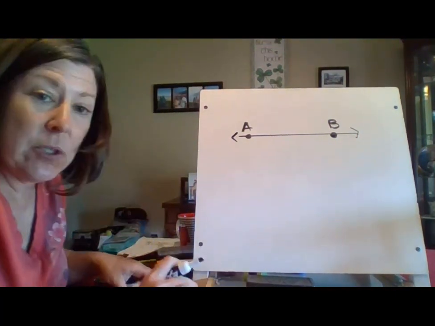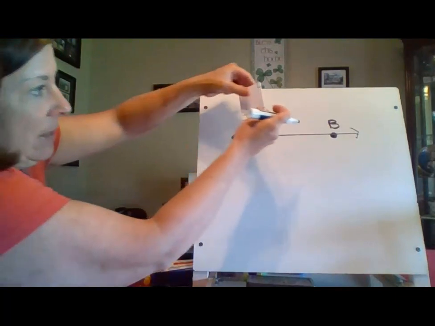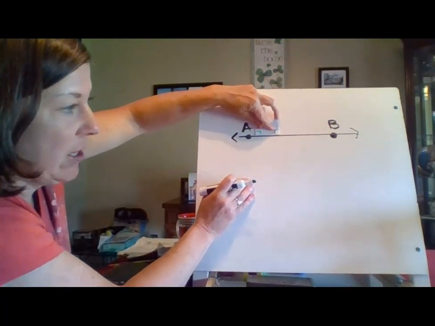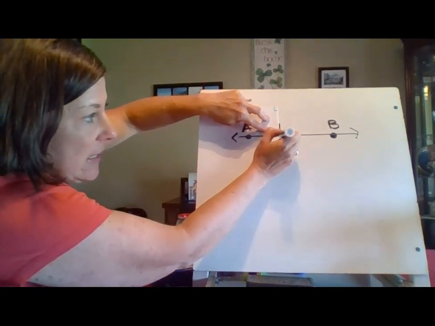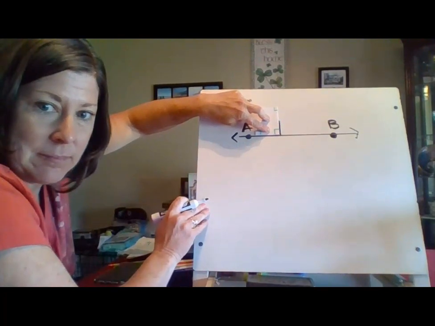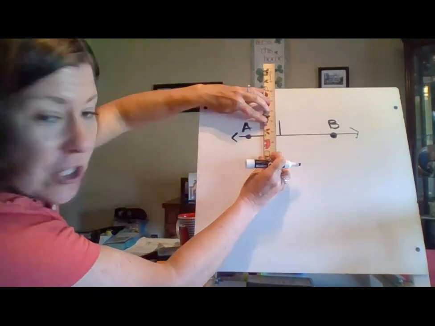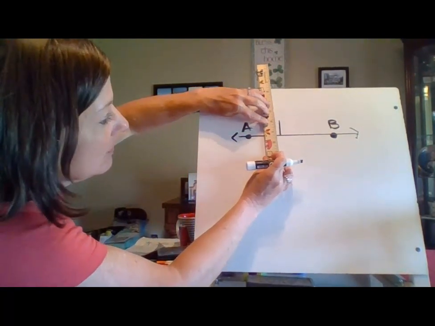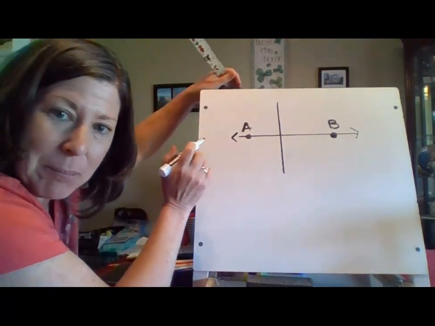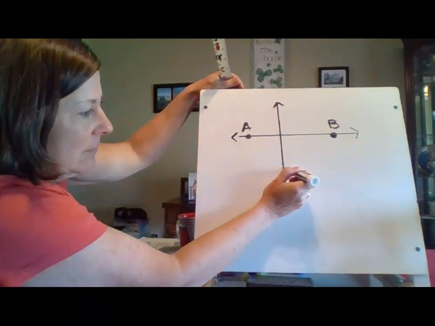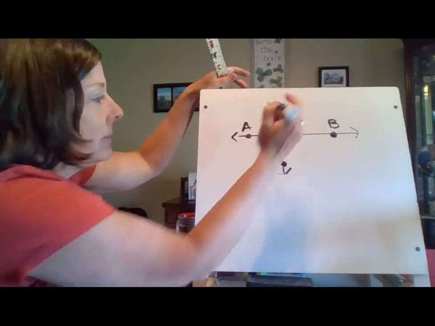Now what I'm going to use in order to make sure I have perpendicular lines is my right angle template. I'm going to put it somewhere on my line, and then I'm just going to trace right next to it. Now I can use my straight edge to extend the line. Beautiful. And I'm going to call this line CD.